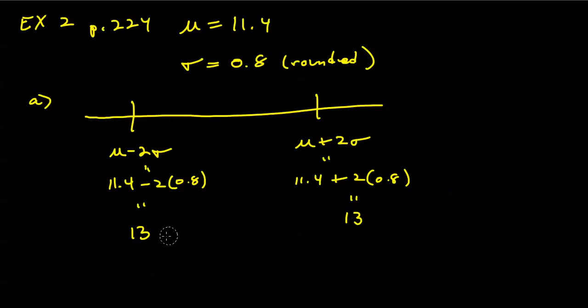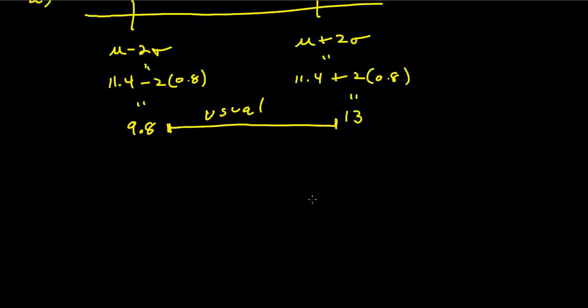Please make this correction. And mu minus 2 sigma, let me check it, 11.4 minus 2 times 0.8. We'll call it 9.8 people. So if my number of people that recognize McDonald's in 12 falls within this range, I say those results are usual. And beyond those milestones, I claim those extreme values are unusual.